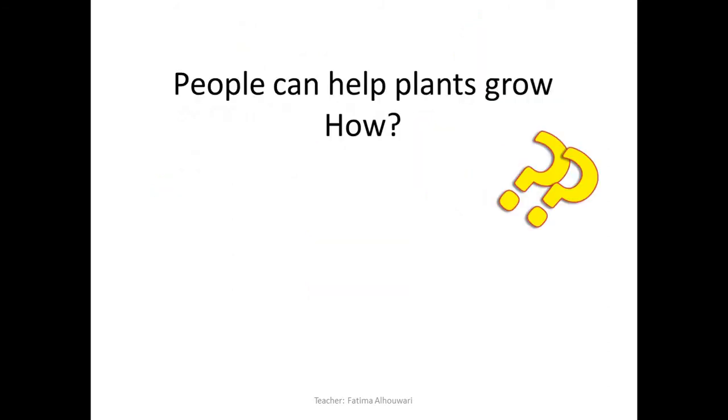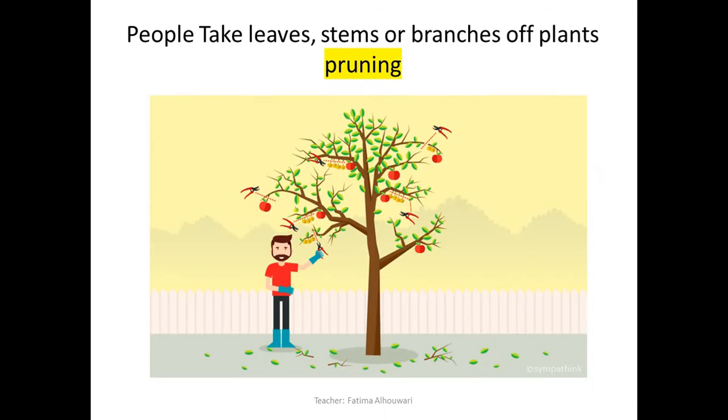Did you know, grade 1, that people can help plants to grow? That's right. Did you know how? Let's see how, grade 1. People can take leaves, stems, or branches of plants, like we see here.